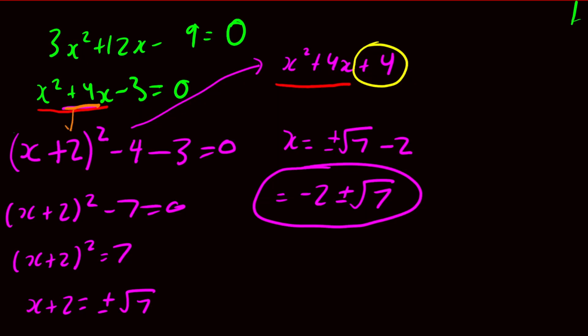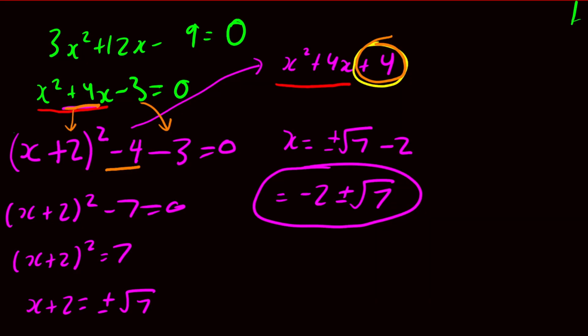So that's where I got this from: (x + 2)². Right? (x + 2)² is equal to x² + 4x + 4. But if we do that, we're going to end up with an extra plus 4 that we don't want. So how do we account for that? We're going to add a minus 4, so we subtract that out. And then we put the minus 3 down, equals 0.